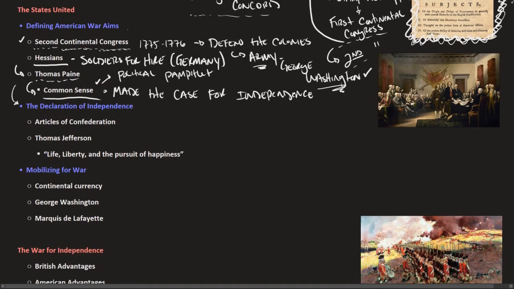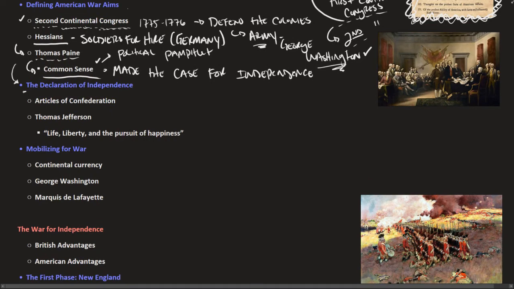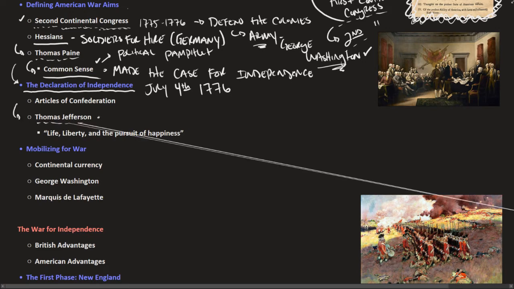And so in July of 1776, all 13 representatives at the Second Continental Congress approved declaring independence against Great Britain. It should be noted that New York technically abstained from the vote, but more or less there was a consensus. And on July 4th, 1776, the Declaration of Independence was approved, written primarily by Thomas Jefferson.